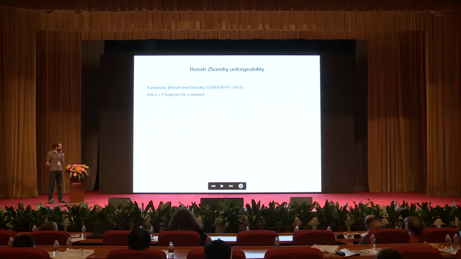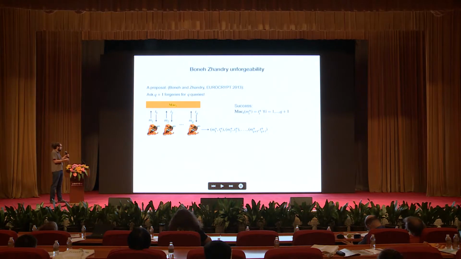Now let's have a look at a previous approach to this problem, and this is by Boneh and Zhandry from QCrypt 2013. They said, okay, fine, we cannot check whether a forgery is fresh. But if we ask the adversary to output as many input-output pairs as they made queries, plus 1, then if they're all distinct, at least one of them cannot be equal to any of the queried inputs.